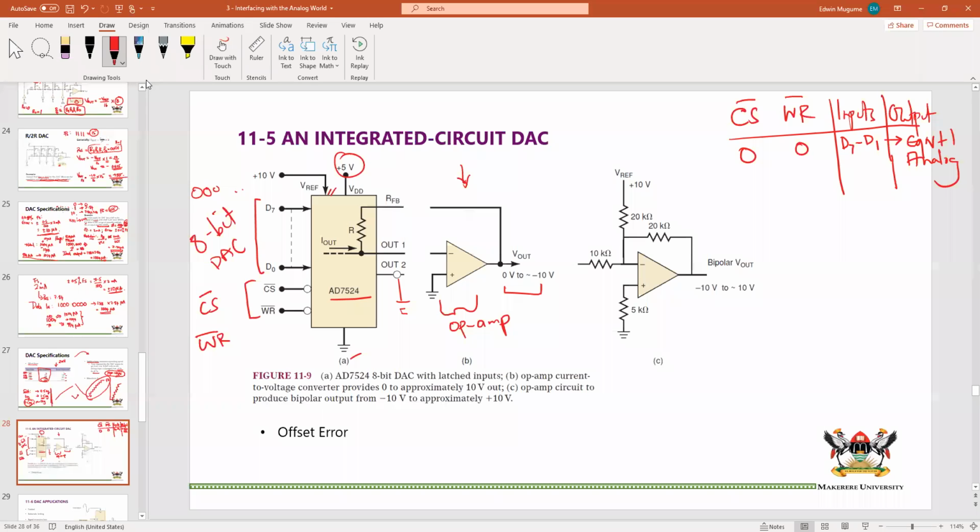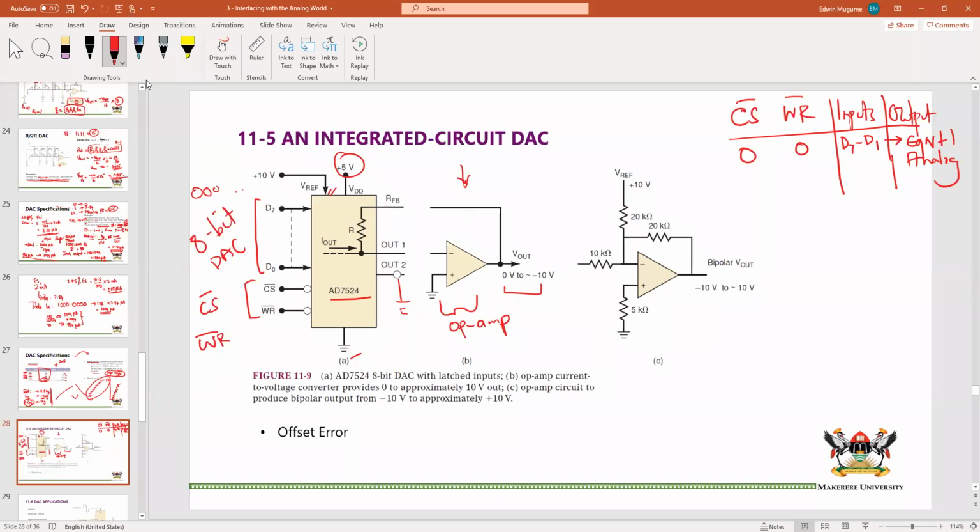So when these are both active low, it means the chip is selected and you can write, where WR is like write. So you're pushing the information into the IC, and so you can get your output current or output voltage that is equivalent to that input.